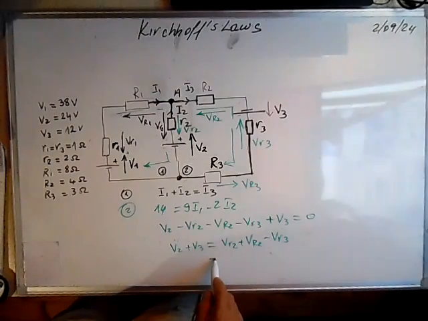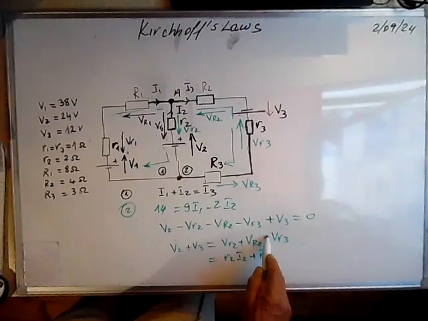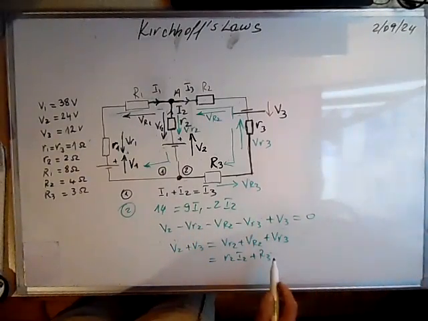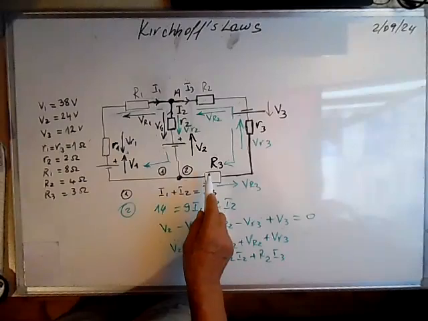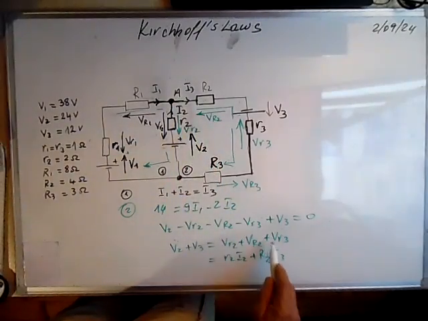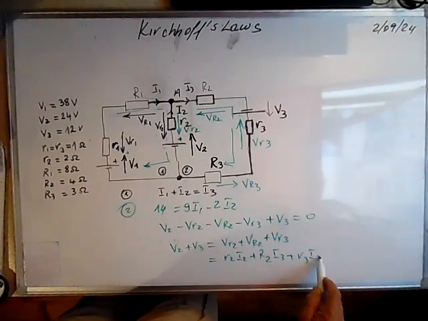So VR2 is R2 times I2. This is plus, because it goes with the sign plus, R3 times I3. VR2 is R2 times I3 plus small r3 times I3.